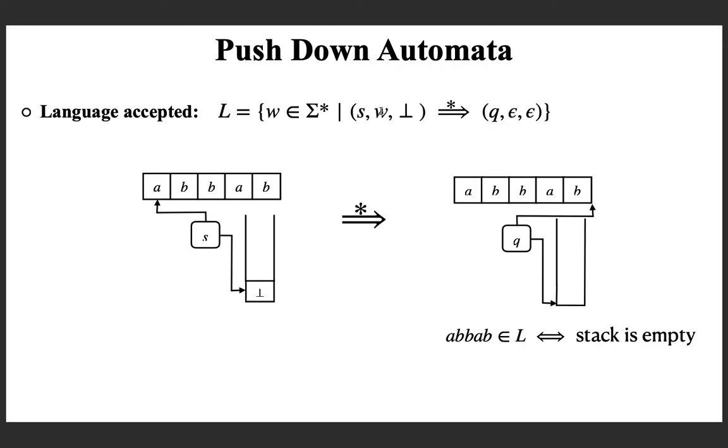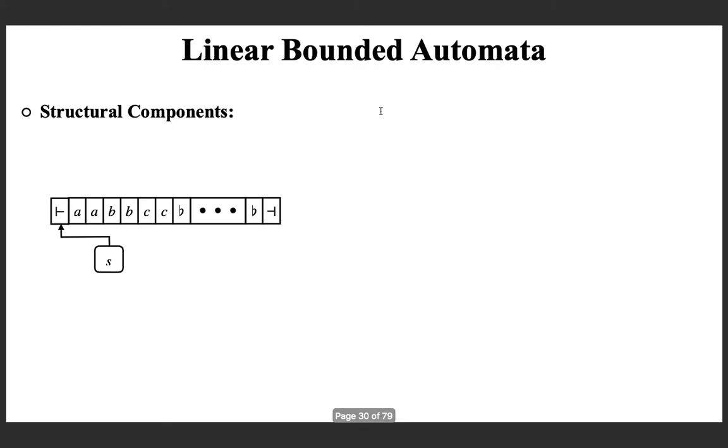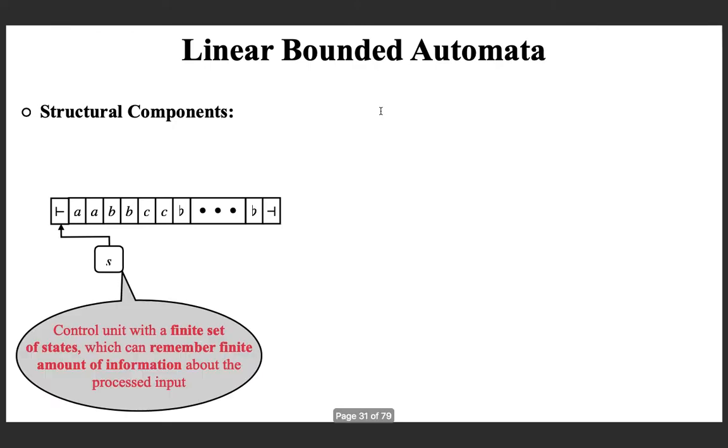And after push down automaton, we discussed the next class of automata, which is linear bounded automata. And if you recall, the structural components are these. First is the control unit with a finite number of states in it, same as in the case of the other two classes of automata.